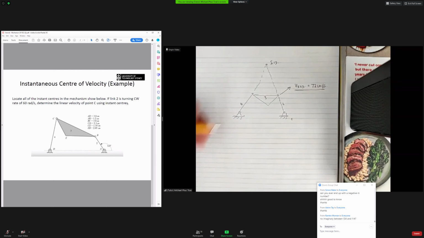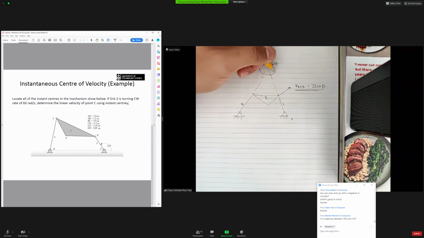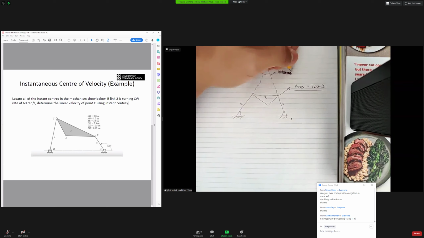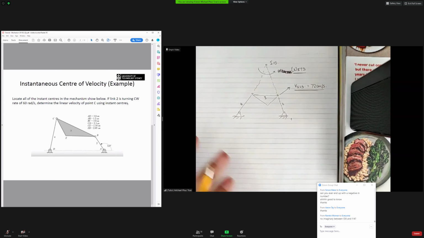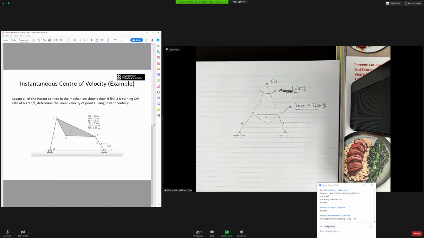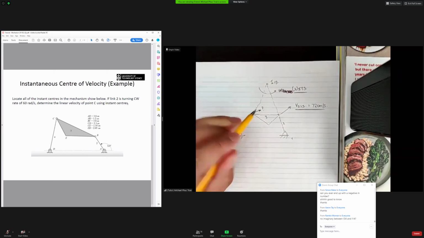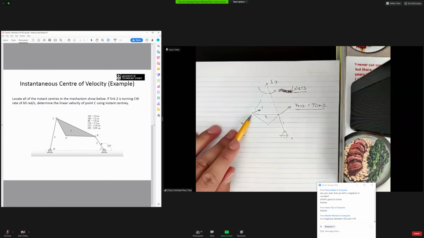So from that, we can get omega 13, because our goal was to find this, right? So once we get that omega, we can use that radius to find the velocity.